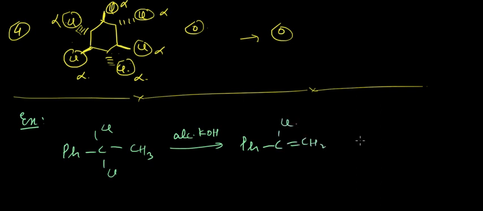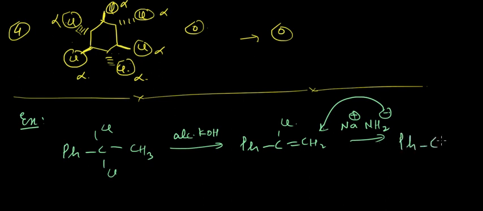Okay, and then it will undergo NaNH2 to form a product like this. Again NH2 will attack on this hydrogen, and bond formation and bond breaking will happen in one step, and we'll have something like this.